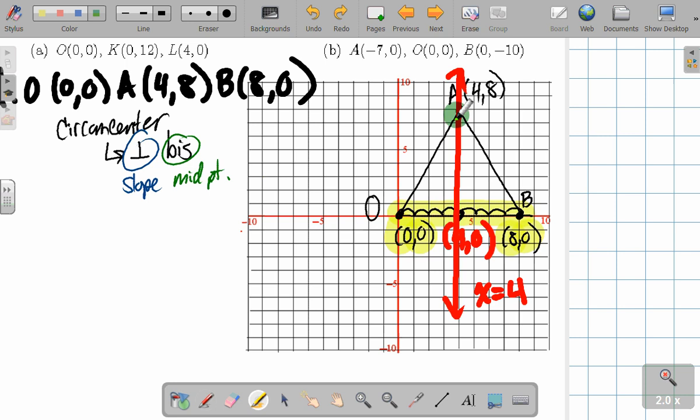Alrighty. This one we need to do a little bit of footwork. So we're going to start by finding our midpoint. Add the x's divided by 2, add the y's divided by 2. Go ahead and do that.